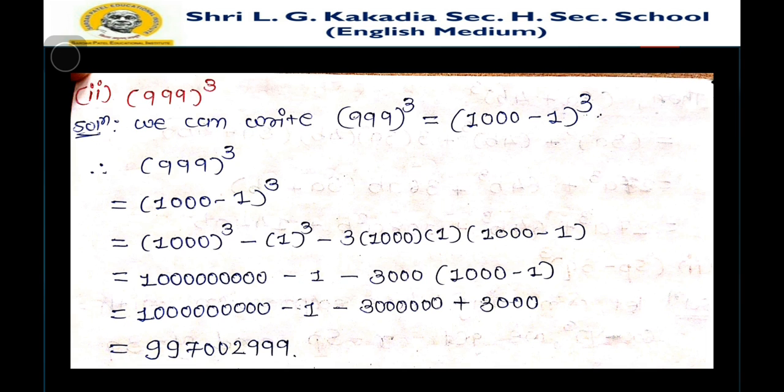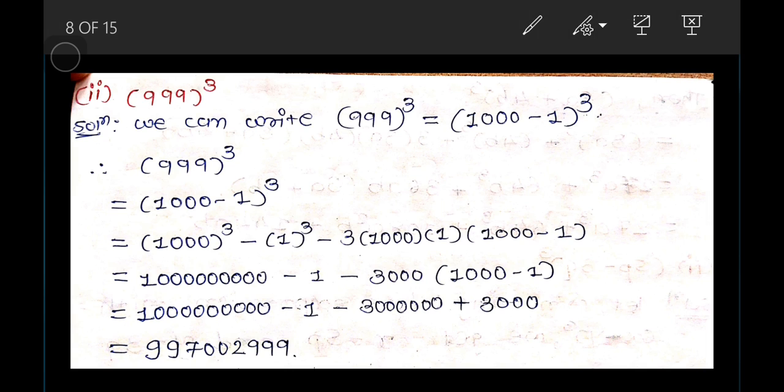Now one more example. The second example is 999 cube; we want to find the cube of 999. We can write 999 cube is equal to, if we subtract 1 from 1000, we get 999.